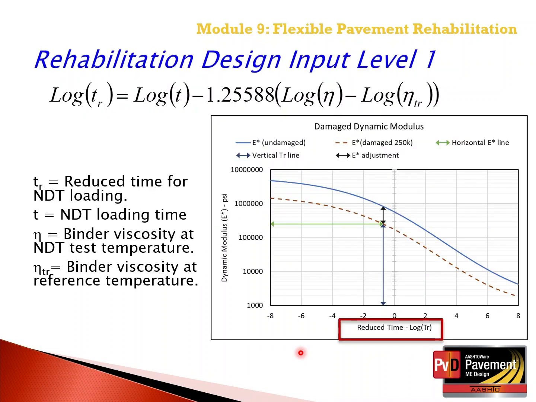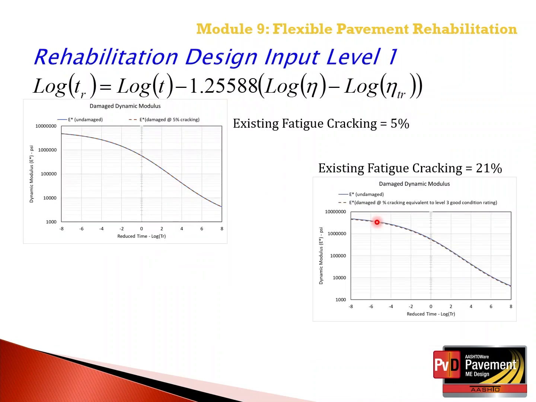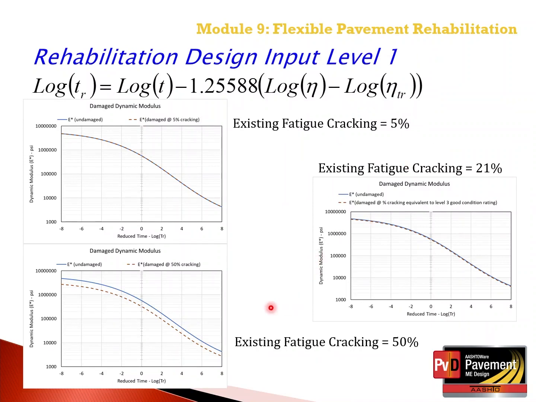So going back and looking at the previous example, a much bigger difference between the undamaged and damaged. In these graphs, it doesn't take much of a difference in terms of the back calculated elastic layer moduli of the asphalt layers to relate to a lot of bottom-up fatigue damage in that asphalt layer.